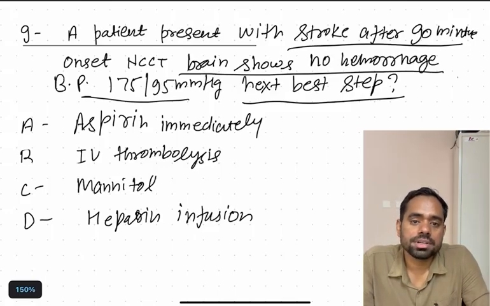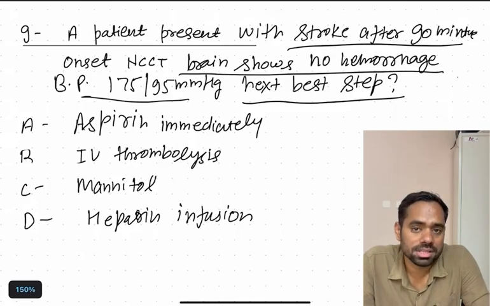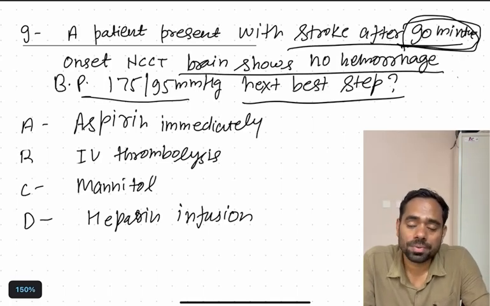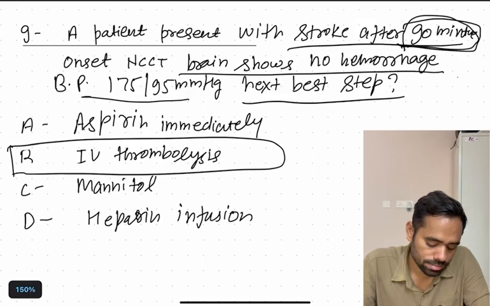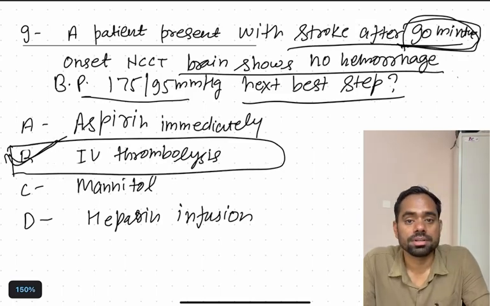Because if the patient presents in the window period, you can thrombolyze the patient if there is no hemorrhage. The window period for stroke is 4.5 hours. So the patient presented to you within 90 minutes. So what is the best next step? Thrombolysis. So option B is correct. IV thrombolysis. Very important.